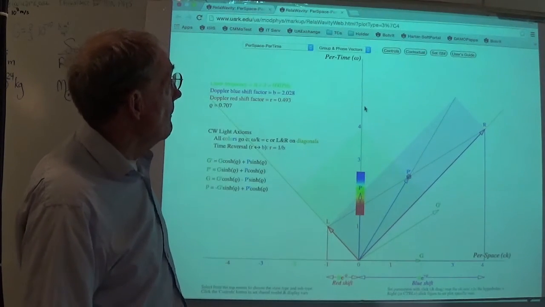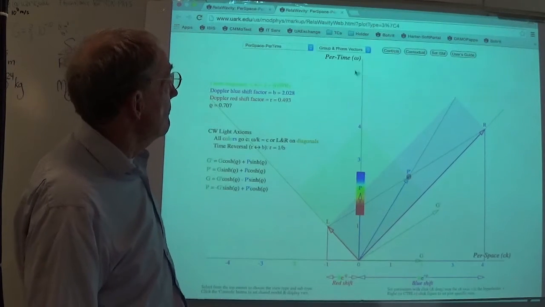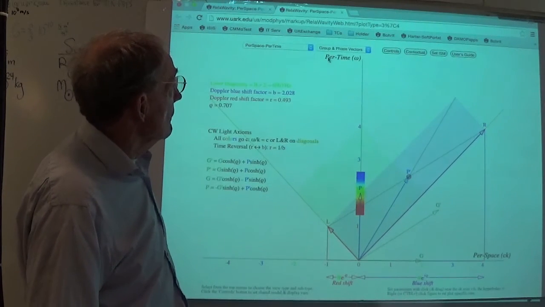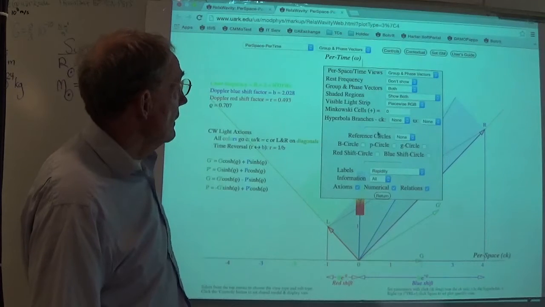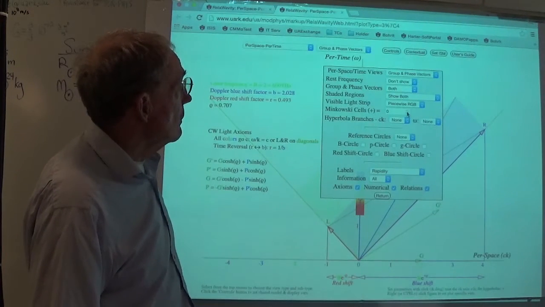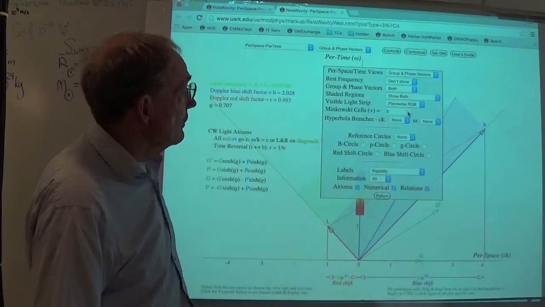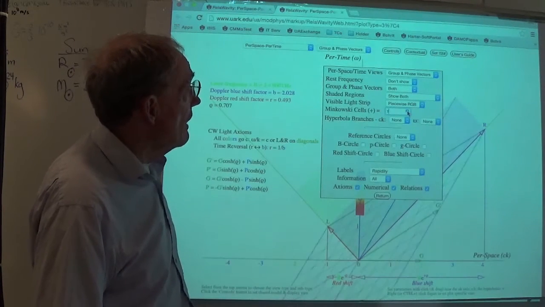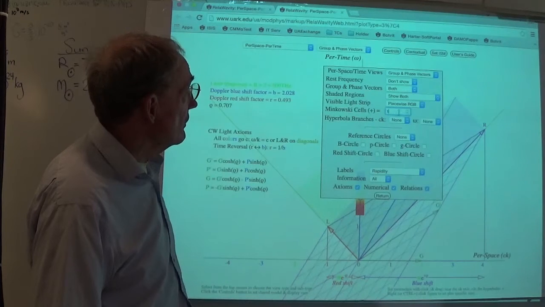Now, rather than go back and bounce this thing, what I'm going to do here is ask for one Minkowski cell, just to show you where the graph goes on these things.